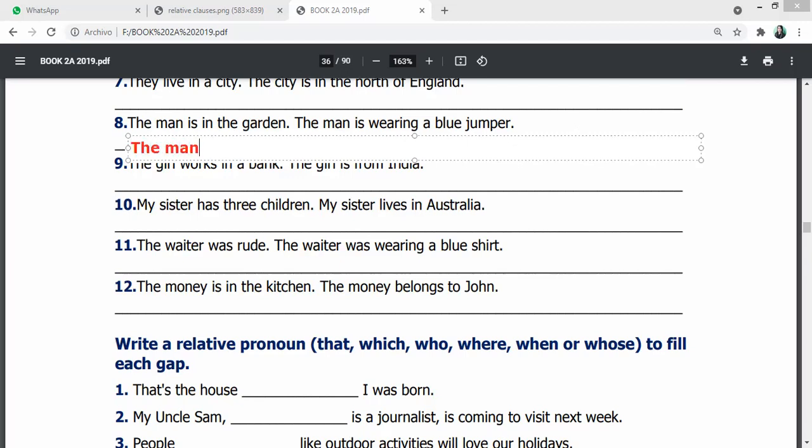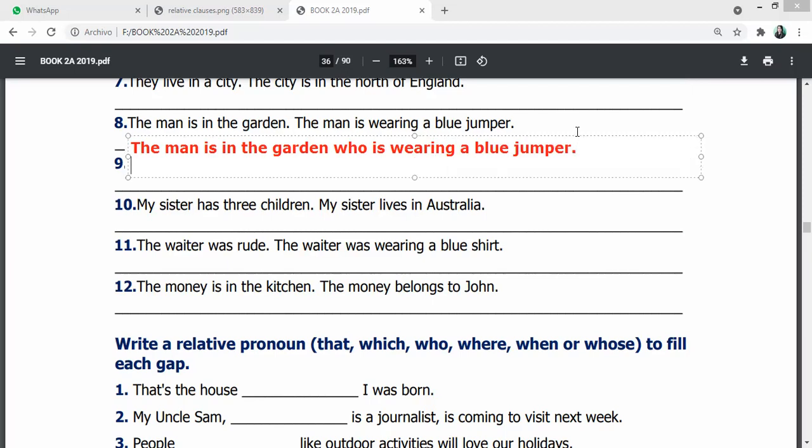So the man is in the garden. We're going to use the idea that Daniel says, the man is in the garden who is wearing a blue jumper.